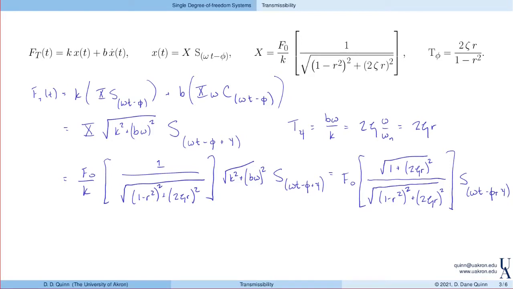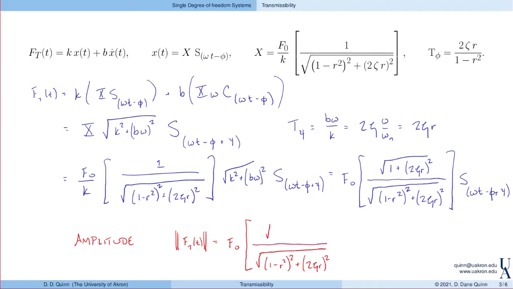So what we find is the amplitude of the force transmitted, right? So we'll represent that by f of t, right? These indicate amplitude of this function, is simply this quantity, f naught times, well, denominator 1 minus r squared, 2 zeta r, quantity squared.